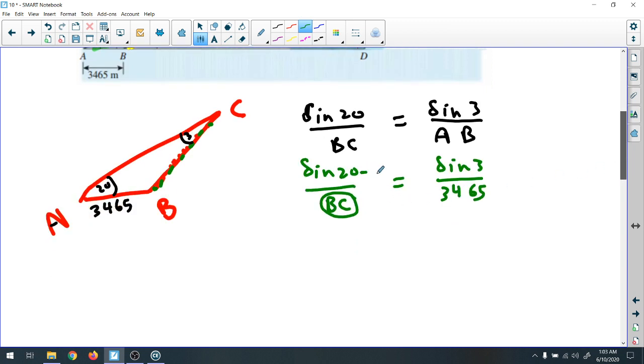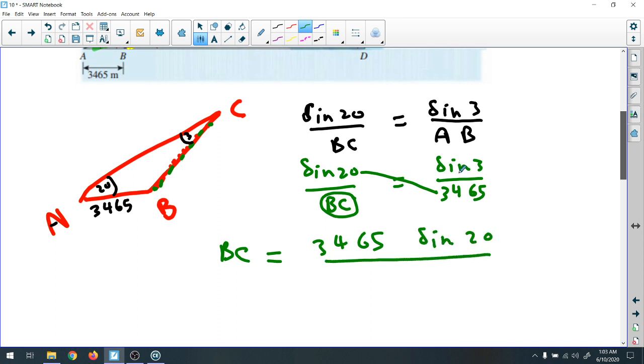Now we're going to cross multiply. So BC equals 3,465 times sine of 20, all divided by sine of 3.